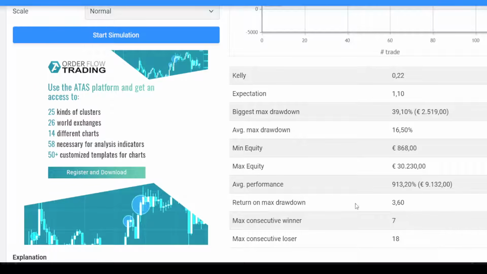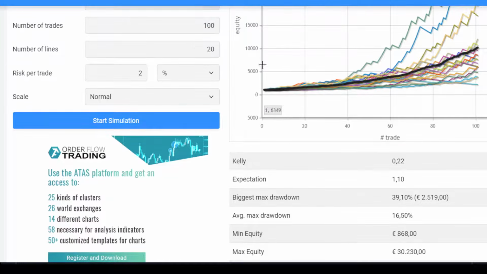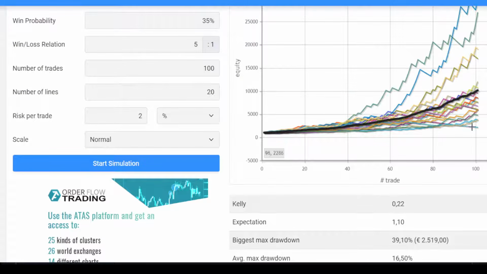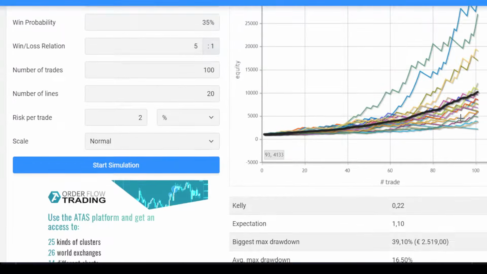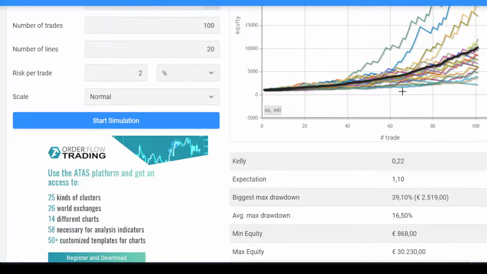So this is where position sizing becomes so important. We have 18 consecutive losses here, risking 2%. And I think this outlier single trader here didn't produce a profitable result over 100 trades, but they've survived the drawdown. They're trading right above break even.